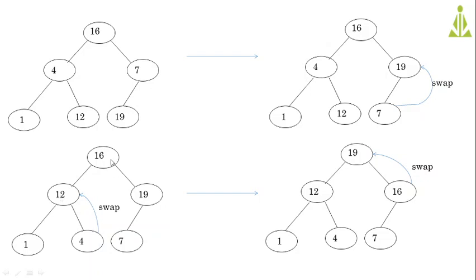Yes, true. Is 16 greater than 19? No, false. When it is false, the greater child node should replace the root node. So 19, 12, 16, 1, 4, 7. Once it reaches the root node, that means it is the largest element in the given array.